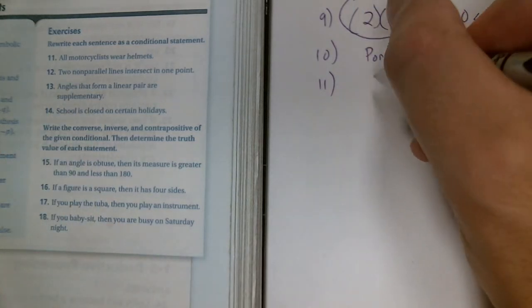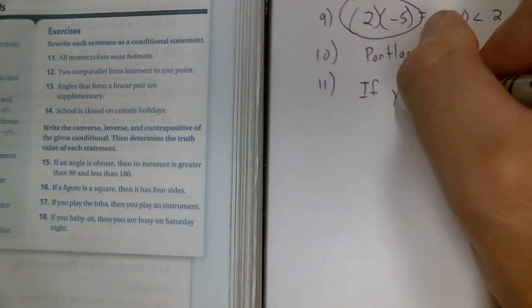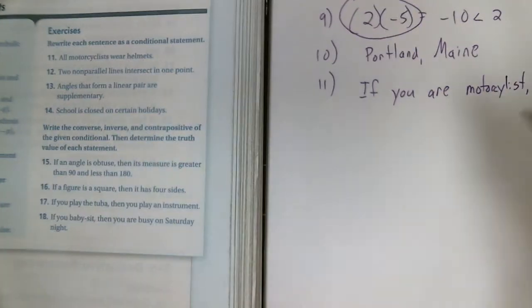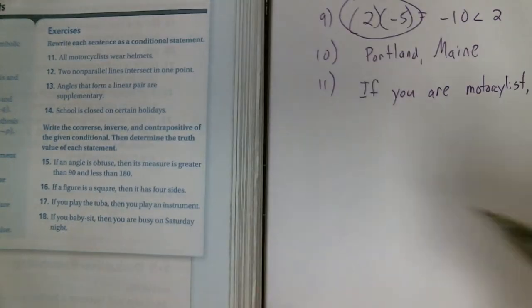I'll just use you. I'll just say if you are a motorcyclist, then, and that's where I'm going to throw in the then, I can't say then wear helmets. I've got to say then you wear a helmet.